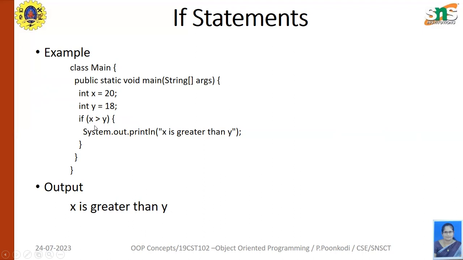If the condition is true, it will enter the block and print "x is greater than y". In this case, the x value is 20 and the y value is 18. Obviously, x is greater than y, so this condition is true, this block will be executed, and it will generate the output "x is greater than y".